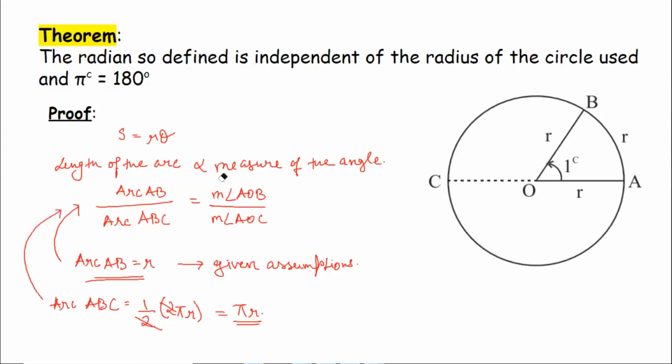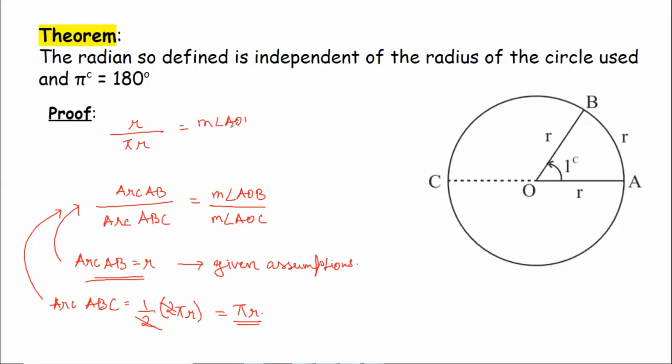So erasing the upper part, I hope you have noted it down. Okay, so continuing, r upon pi r is equal to measure angle AOB upon measure angle AOC. Okay, so r and r get cancelled. So we are left with 1 upon pi and measure angle AOC.